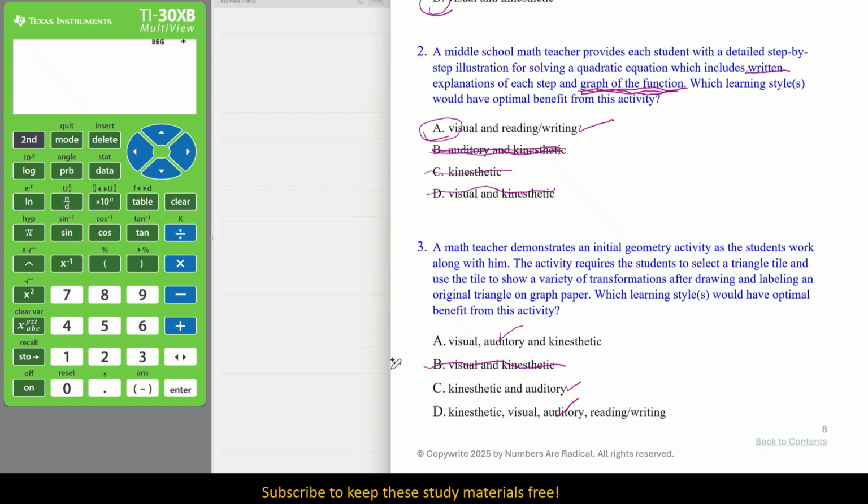The activity requires the students to select a triangle tile and use the tile to show a variety of transformations after drawing and labeling an original triangle on graph paper. Okay, I know what they mean here. This is available.